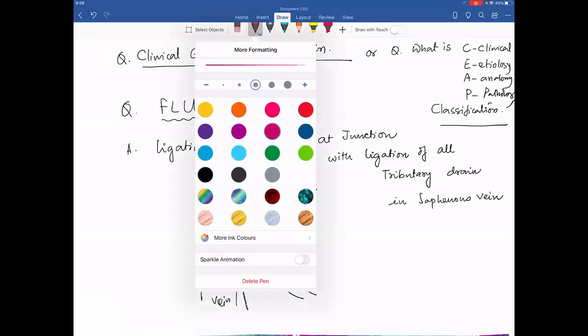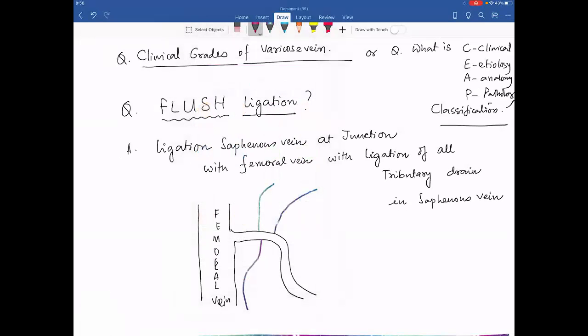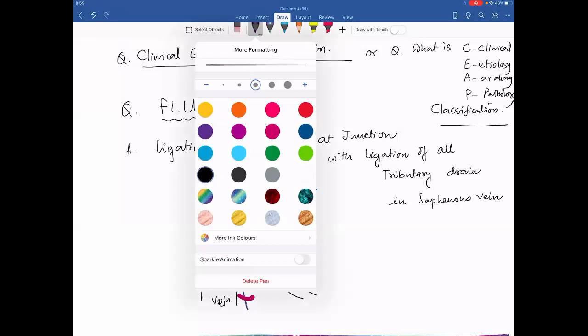Sir, I am going to put the ligature at this point. Have you understood what a flush ligation is? And these ligatures are given, they are ligated twice. Have you completed writing?